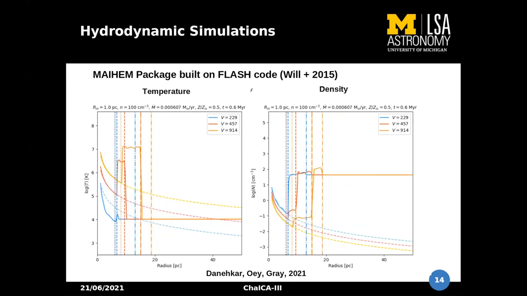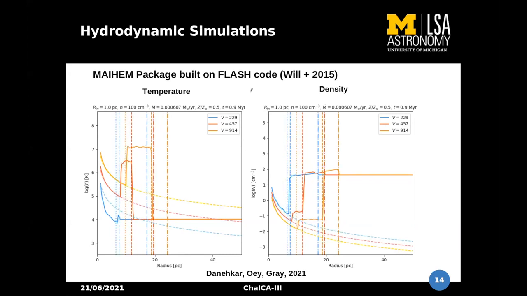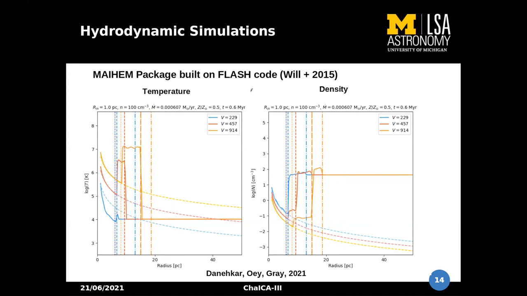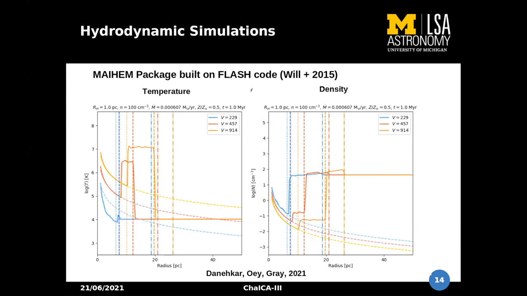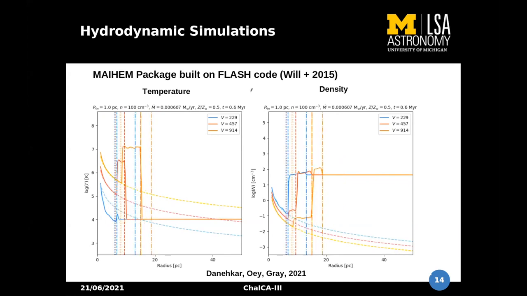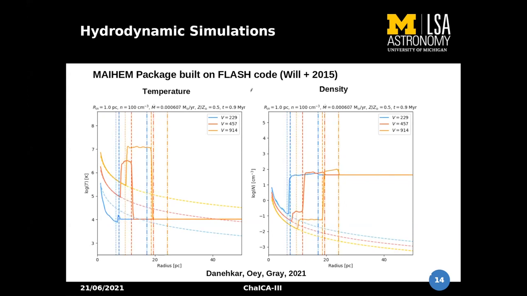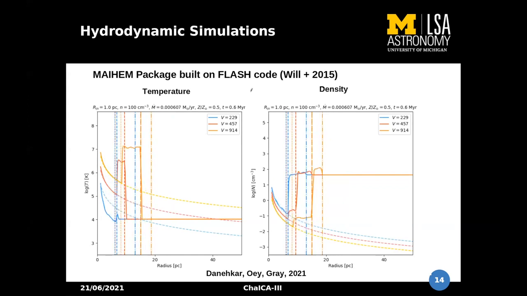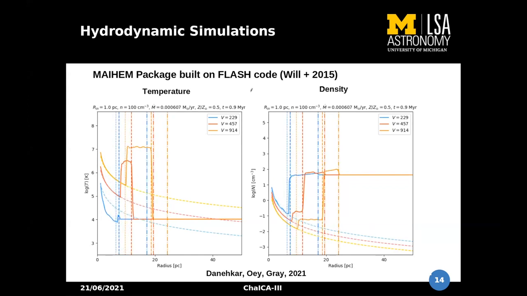In the orange and red, you don't see any catastrophic cooling, but in the blue, you see the catastrophic cooling and also separation of the bubble. But in the orange and red, you see the formation of a bubble, which is not present in the blue ones.